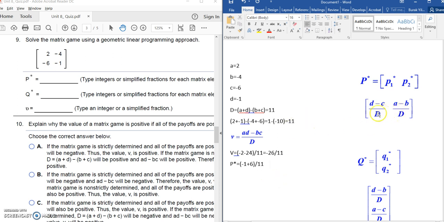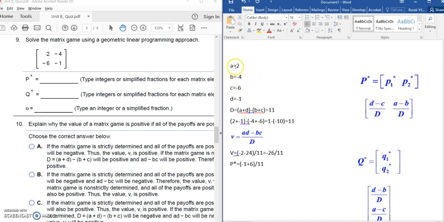And the second entry is A minus B. So the first entry is D minus C. Did we do that right? Yeah.